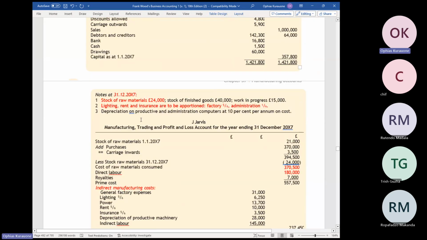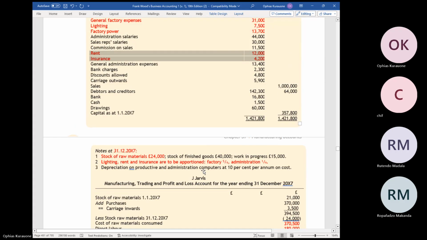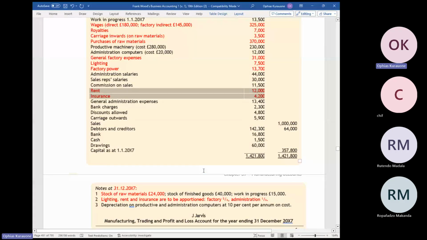Then the depreciation on productive and administration computers at 10% per annum on cost. On productive and administration, 10% per annum. So there's depreciation here, the depreciation on productive and administrative computer.